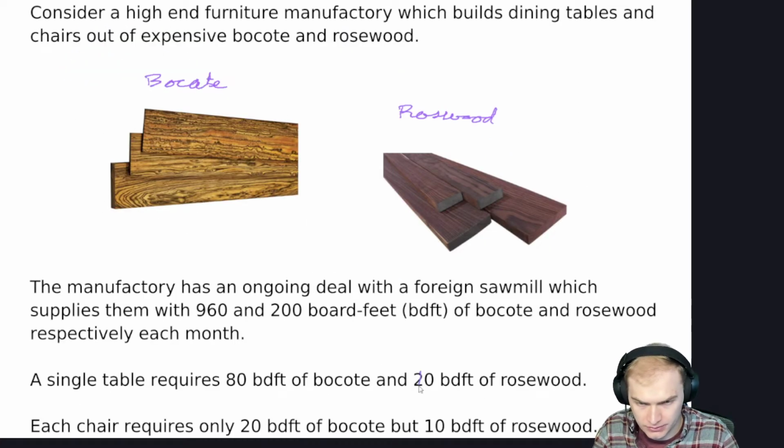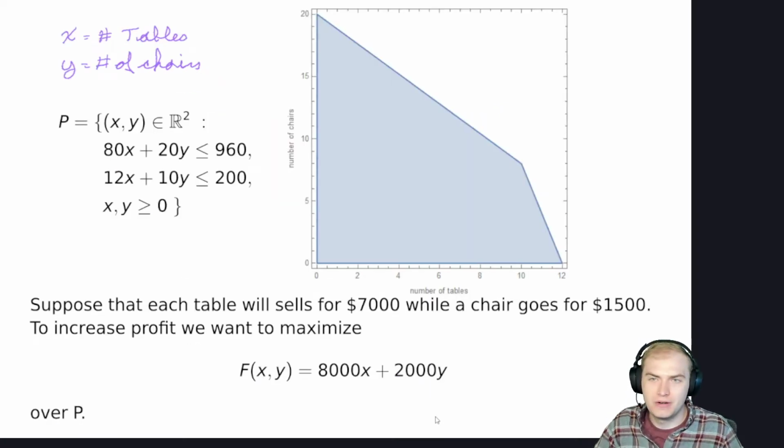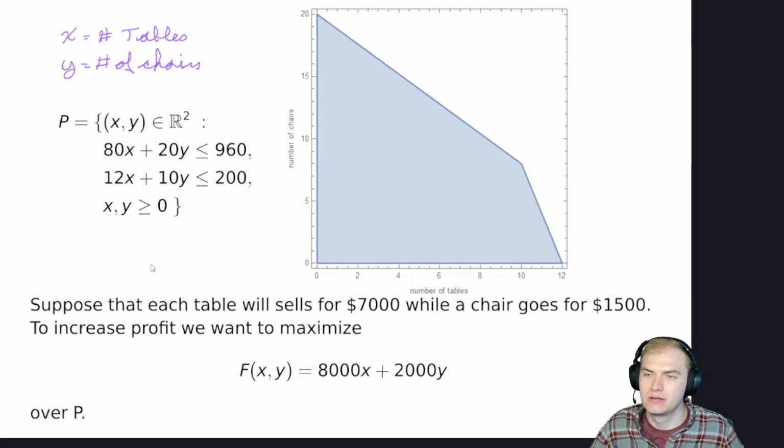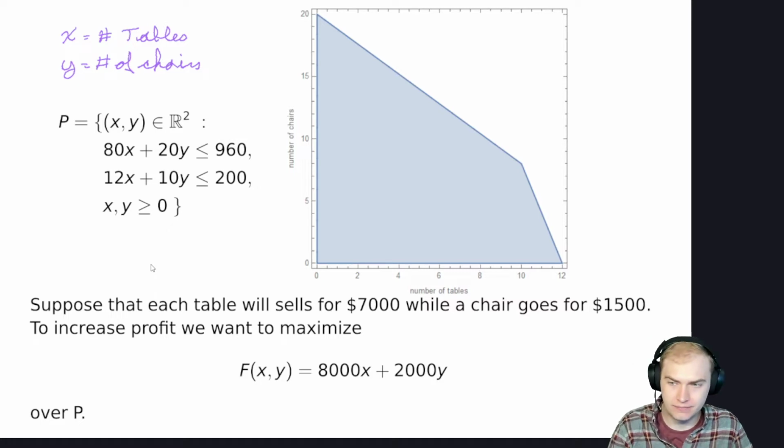There's a typo here. This should be 12. Then we can model the feasible solution space with this polyhedron. Two variables, two constraints, and non-negativity.